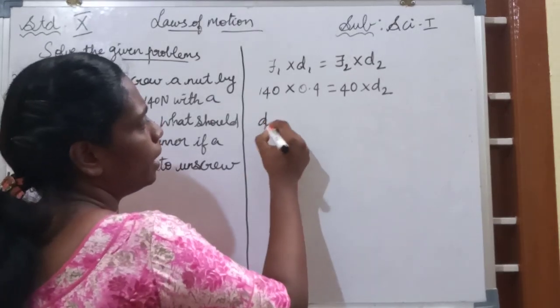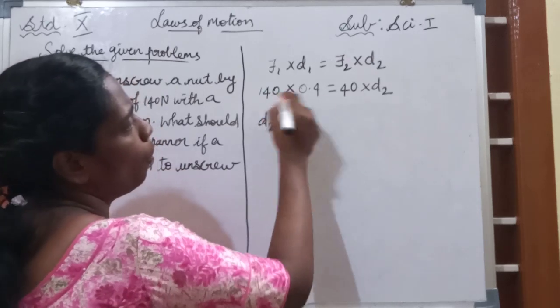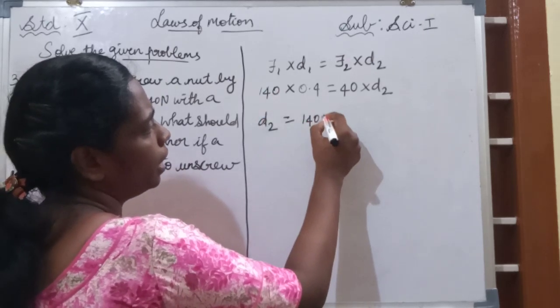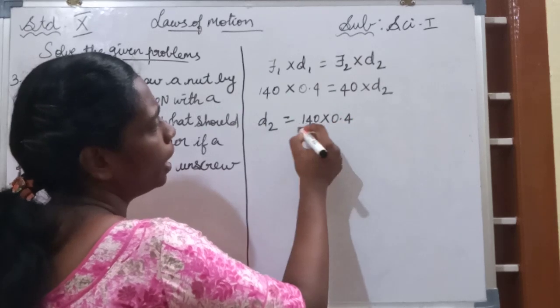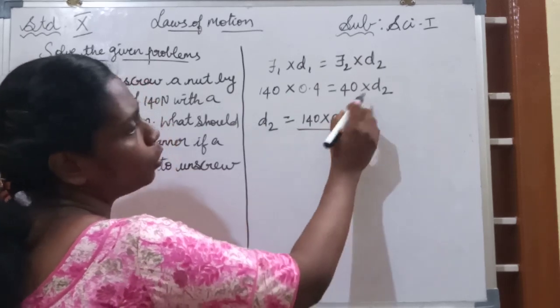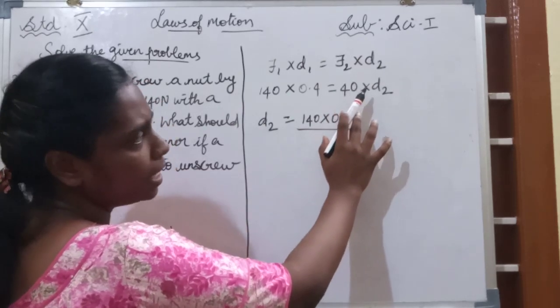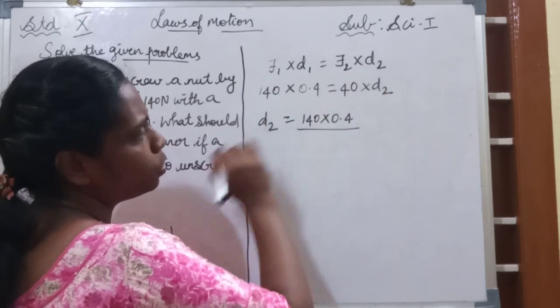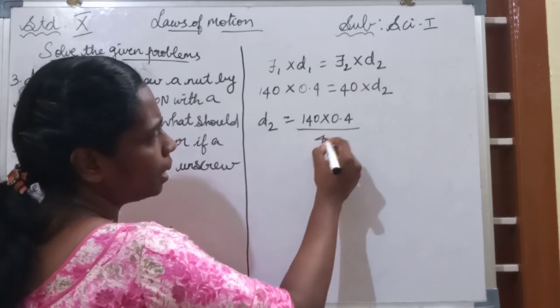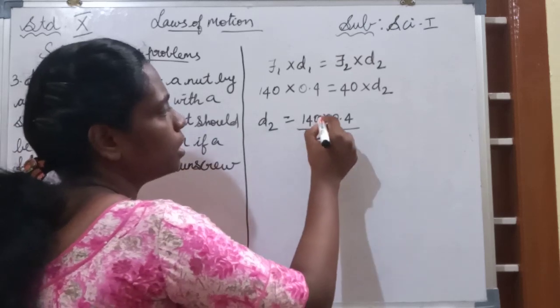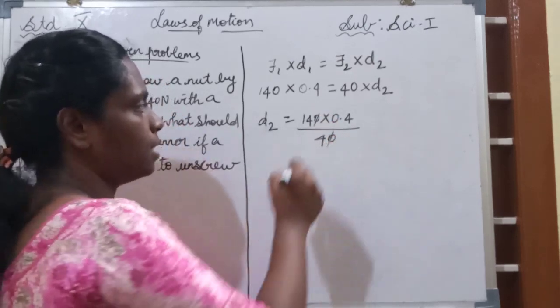Let D2 be on this side. D2 is equal to 140 into 0.4 divided by 40. I told you, if the 40 is in the numerator, when it comes to the other side it will become the denominator. So this 0 and this 0 will get cancelled.